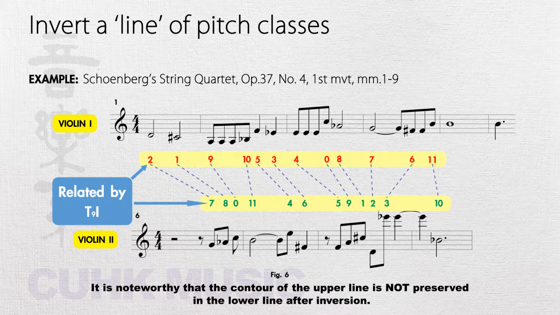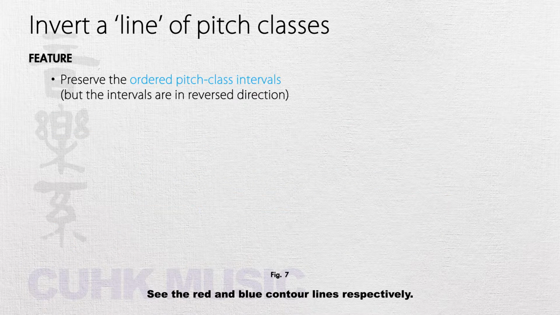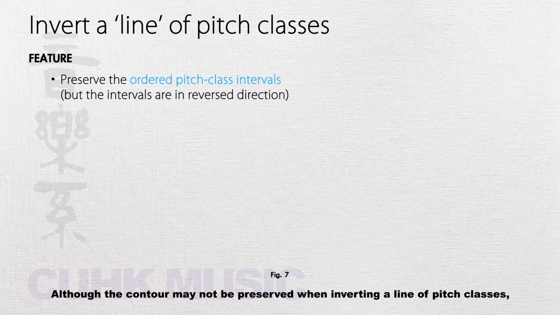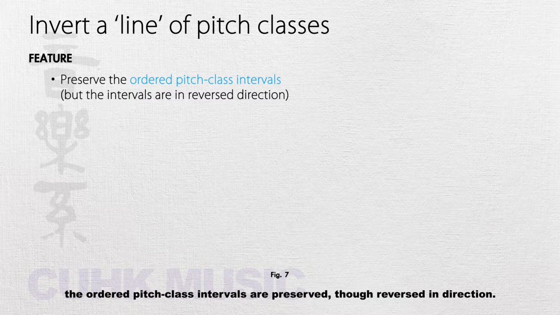It is noteworthy that the contour of the upper line is not preserved in the lower line after inversion. See the red and blue contour lines respectively. Although the contour may not be preserved when inverting a line of pitch classes, in the present example, the ordered pitch class intervals are preserved through reversed direction.